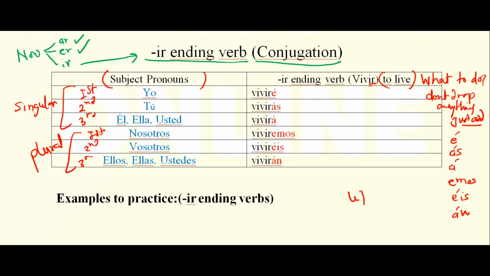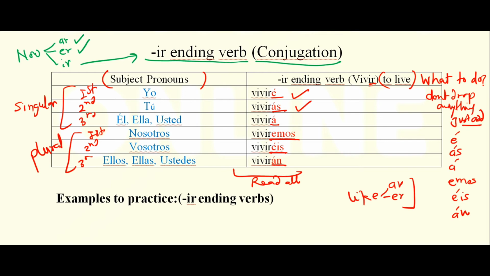So this point you remember for future tense that we don't drop anything from the verb, and suffixes are the same for AR, ER and IR ending. A, as, a, emos, is, an. First, second, third person, singular and plural. Read together.